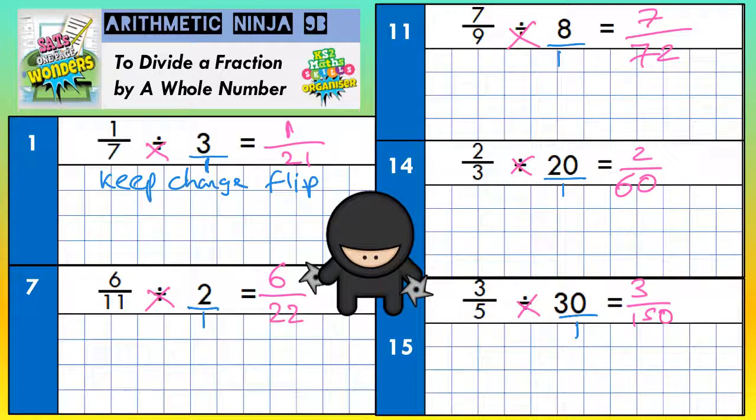So let's see how that works. Now we're still going to get the same answers as we've got already. So keep the first fraction as 1/7, change the divide for a times, flip the second fraction upside down, so 3 over 1 becomes 1 over 3. Now the reason why we're doing that is because dividing by 3 over 1 has exactly the same answer as timesing by 1 over 3.